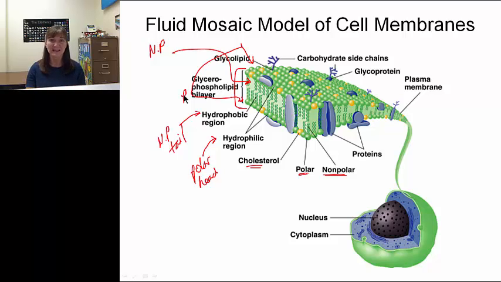The inside of the cell is polar, but the inside of the cell membrane, that bilayer, is the nonpolar region. So what do I expect you to know? There's a lot on here. I mainly go from the previous slide. There are carbohydrates, proteins, and cholesterol in the cell membrane, but the most abundant molecules of the cell membrane are the glycerophospholipids.